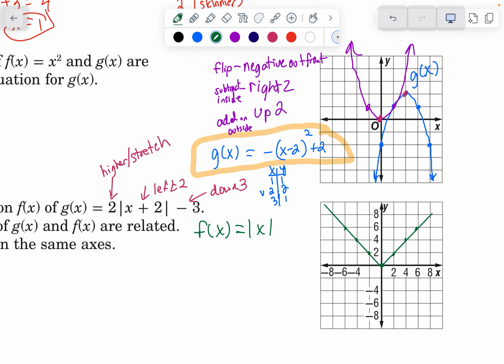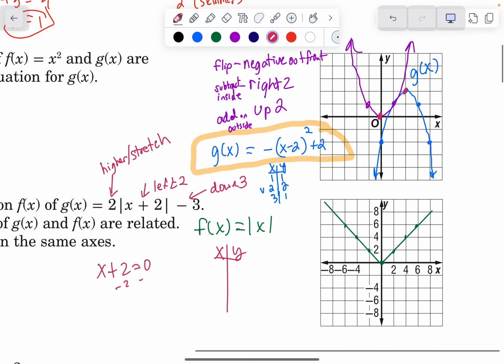Now, it's not a bad idea, for an absolute value, to find 3 points. Where does the inside equal 0? So x plus 2 equals 0. Should verify that we've moved to the left 2, because we would have to subtract 2 from both sides to solve that. So our vertex is technically at negative 2. That's great. That's exactly what we expect to happen.